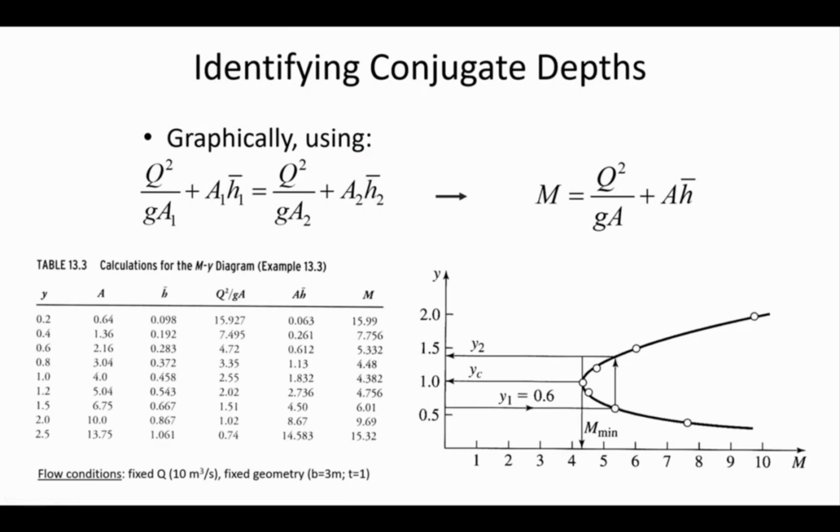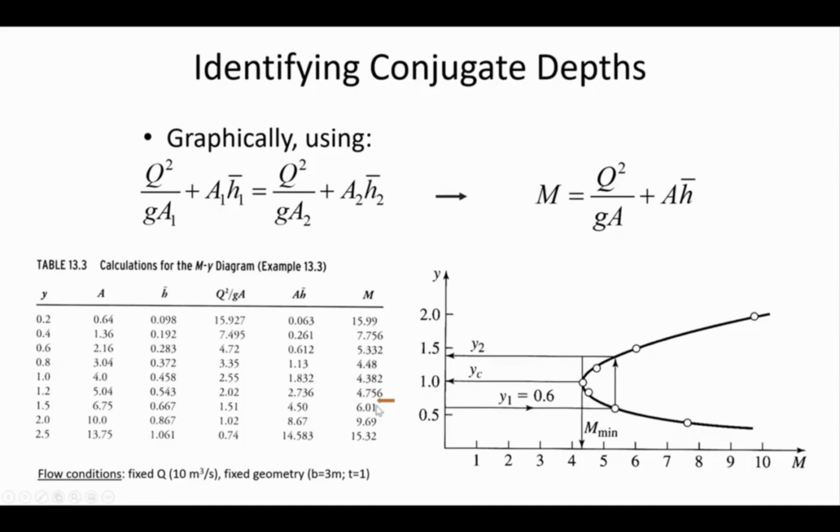Sometimes you'll be told how high the hydraulic jump is, and so you can find the two depths that go with it by looking for the point at which these two curves are a certain distance apart. So if it's saying here the y1 is 0.6, and so here's the 0.6, it has a certain amount of momentum.